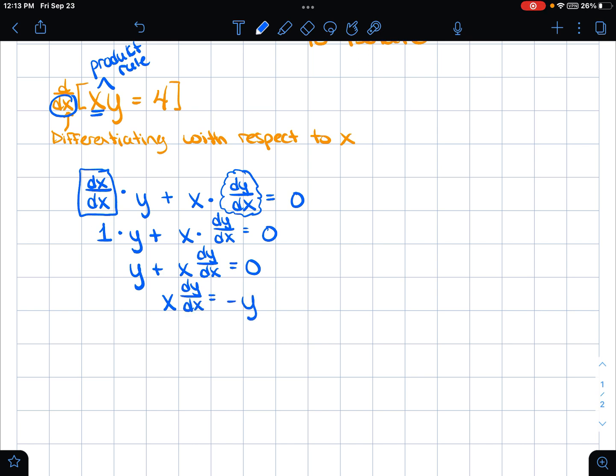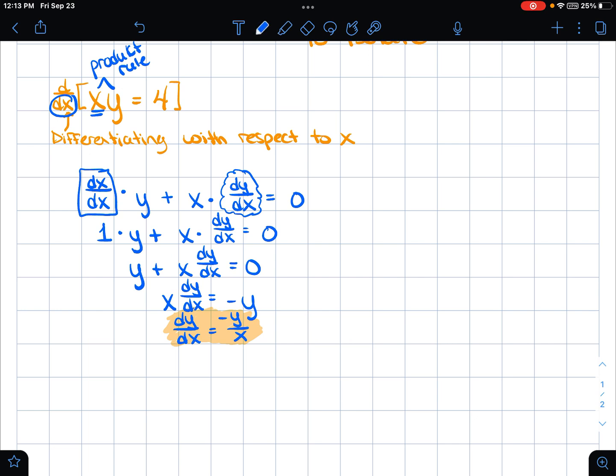And then I'll divide by x. So different than anything else we've been talking about this year, the slope in this case is not only determined by which x value we're on, but it's also determined by which y value we're on. It's really interesting.